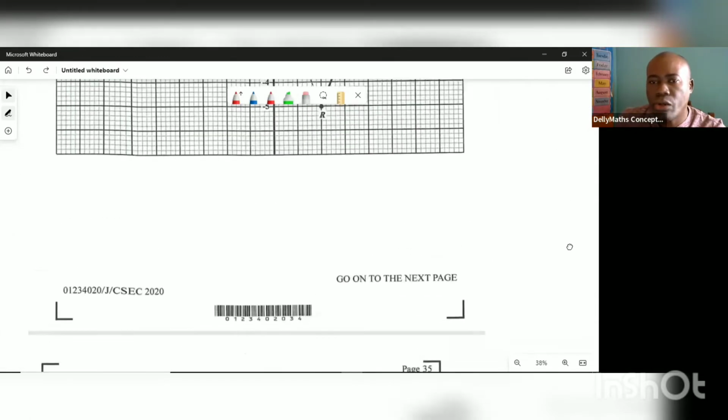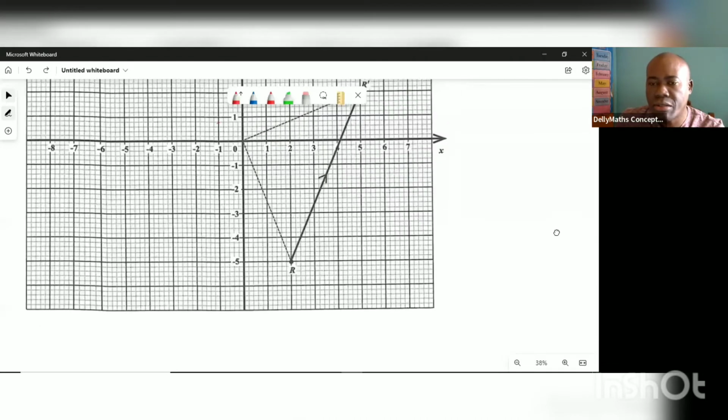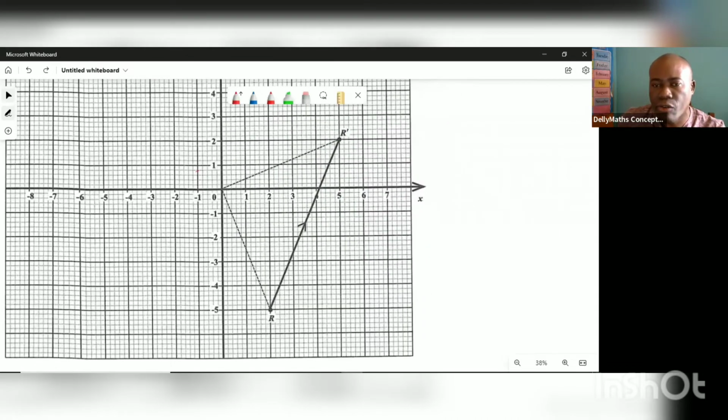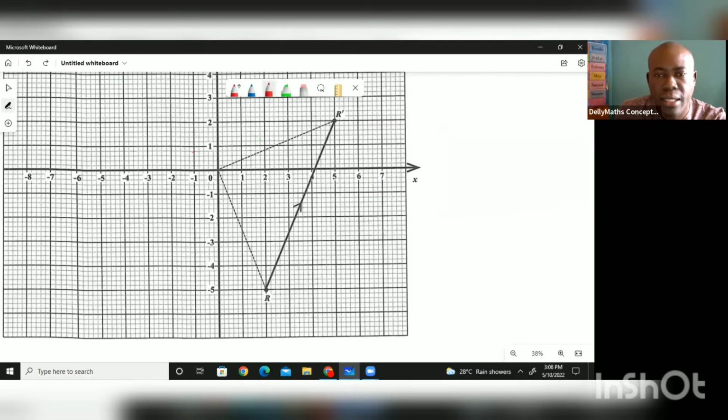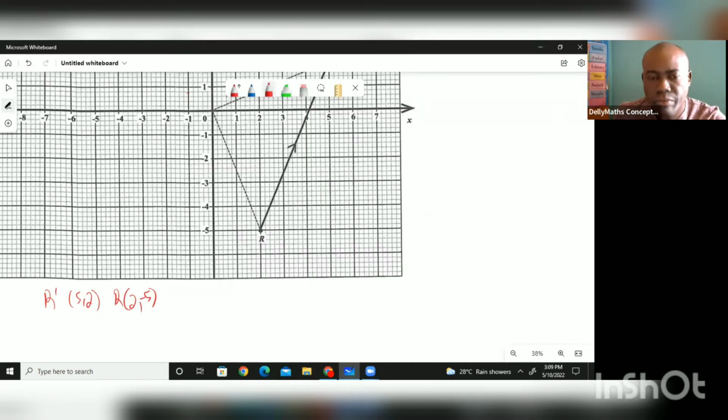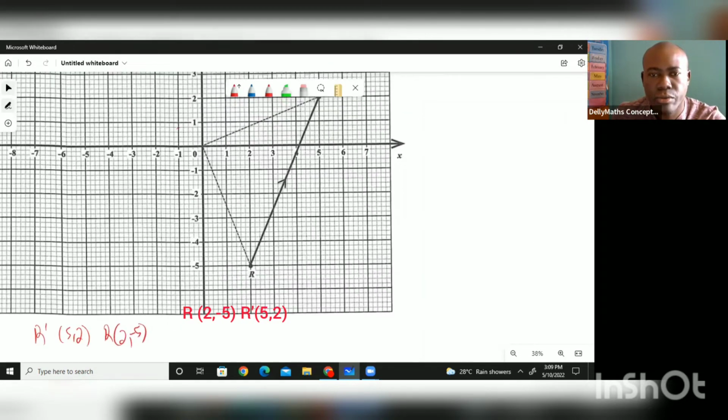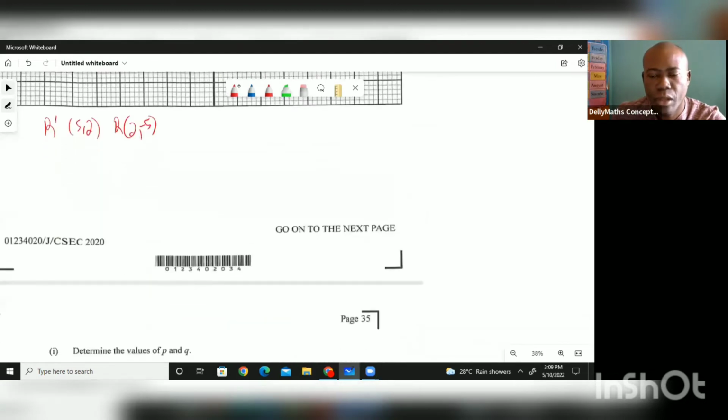What we want to do though is take the coordinates for R and R prime. So R is (2, -5), and R prime is (5, 2).